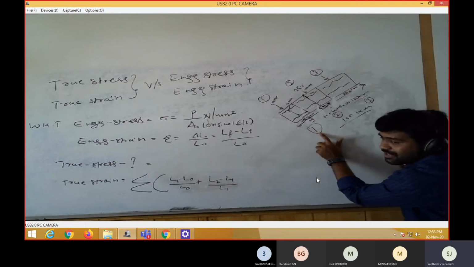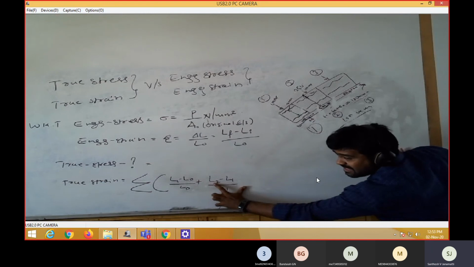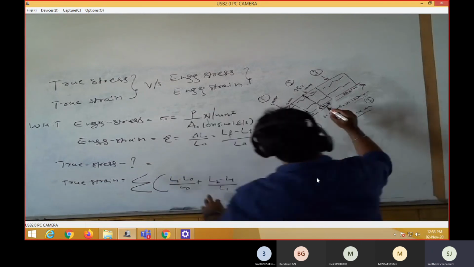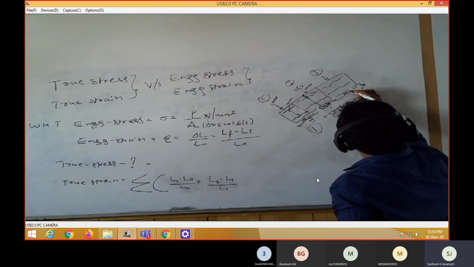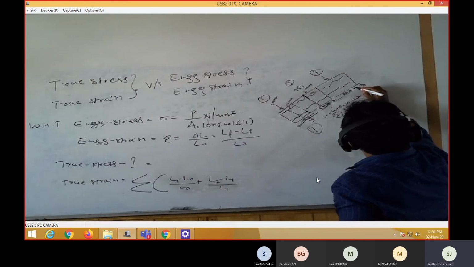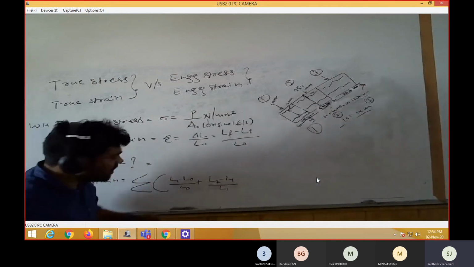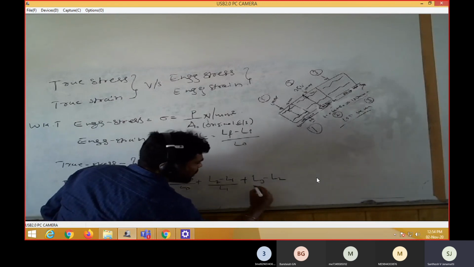Now L1 is the origin for this L2, because this is bigger than this. Now this is plus 20, 70, this is 30, this is 80. Now again, I am applying the third load, plus L3 minus L2 divided by L2.